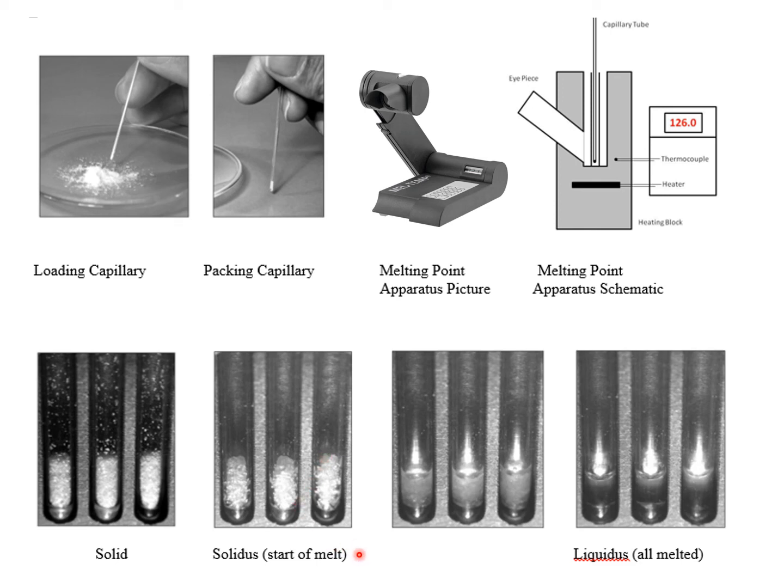That's the start of the melt. And then it continues melting, and eventually it's all turned into a liquid. We call this the liquidus temperature. We're going to record the temperature when it starts to melt, the solidus, and when it's all done melting, the liquidus. Our 2 analgesics have different melting points, so they should all melt at different temperatures.